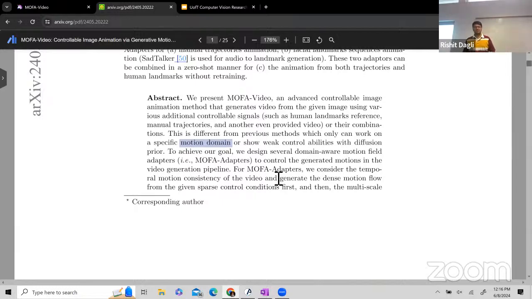In the context of image and video animation, a motion domain could be human motion, animal motion, object motion, etc. Previous methods that work on a specific motion domain are tailored to handle only one type of movement, meaning that they are limited in versatility and cannot easily adapt to different types of inputs. For example, a system designed specifically for human facial animation might not be able to animate other kinds of objects effectively.